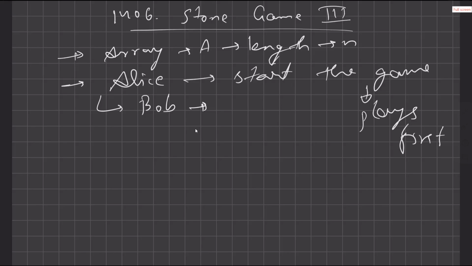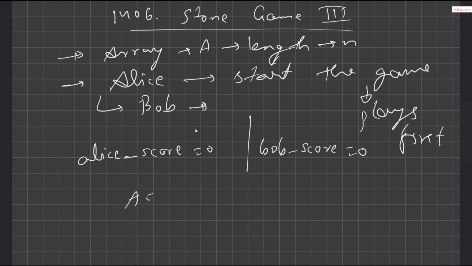Initially, Alice's score is 0, as well as Bob's score is also 0. And we have a pile of stones in the array. If you consider the array as a1, a2, and so on up to an minus 1, an, there are n elements in the array. Let me take a3 as well.